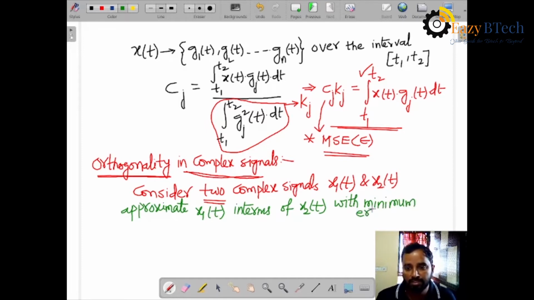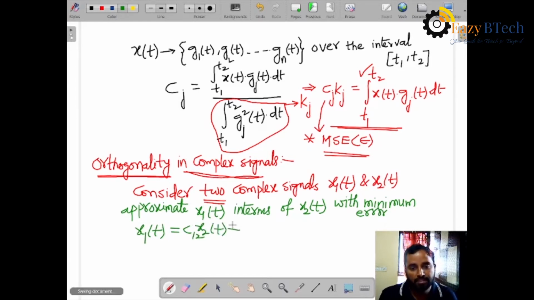So how to express this? This is the way: x1 of t is equal to some constant c12 into x2 of t plus the error function xe of t, or error signal xe of t, as in real signals. So x1 of t is written in terms of x2 of t with minimum error.